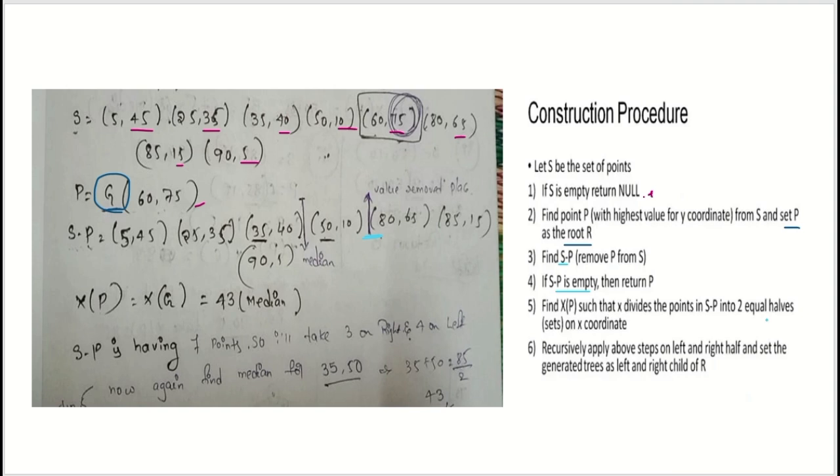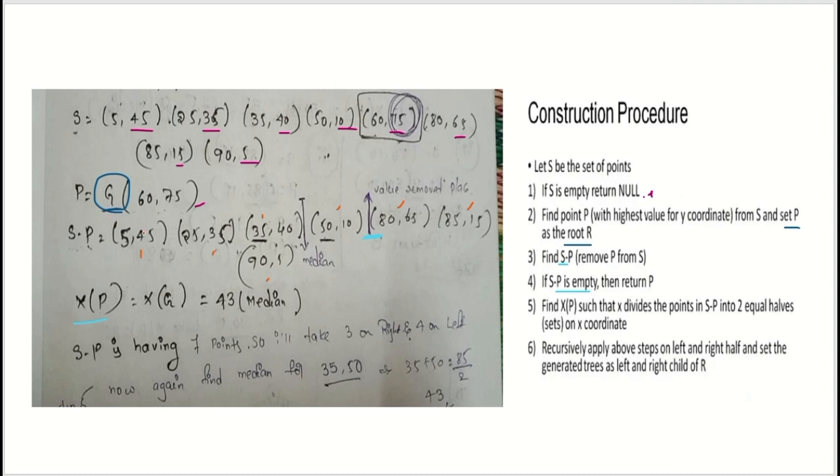So how we need to find the X of P means, first we need to divide all these values into two equal halves. How are we going to divide it? How many are we having? 5, 45, 25, 35, 35, 40, like this 50, 10, 80, 65, 85, 15, 90, 5.